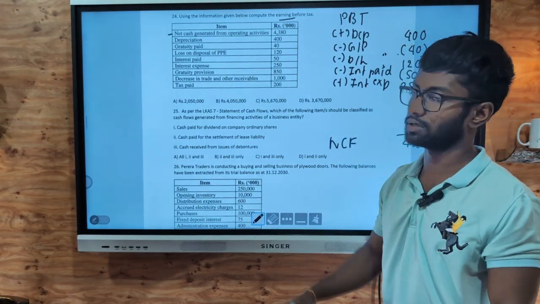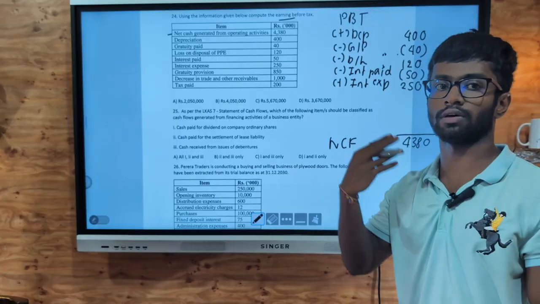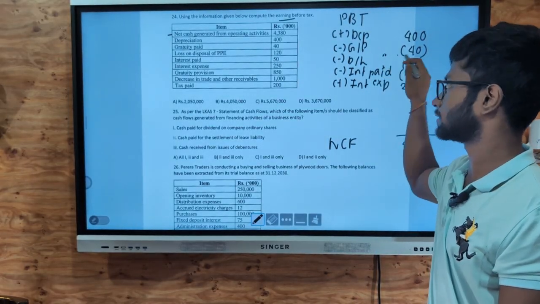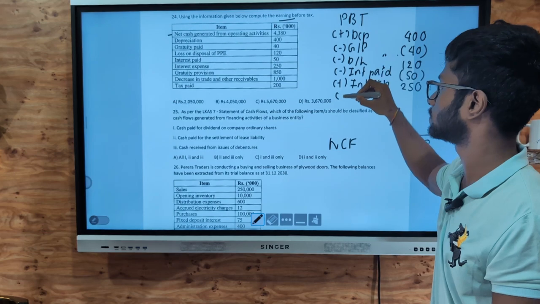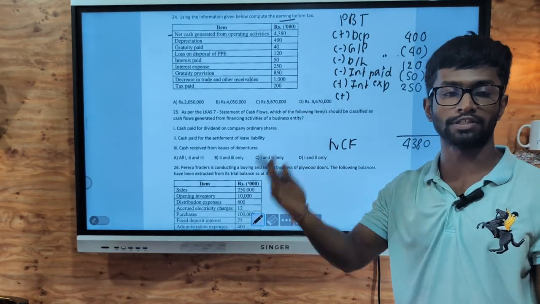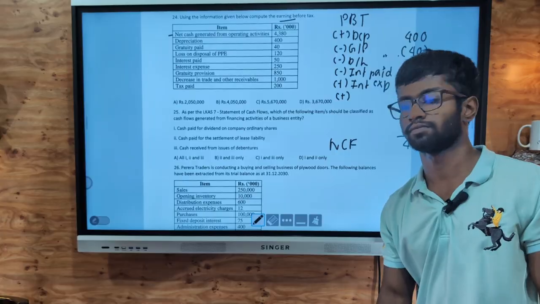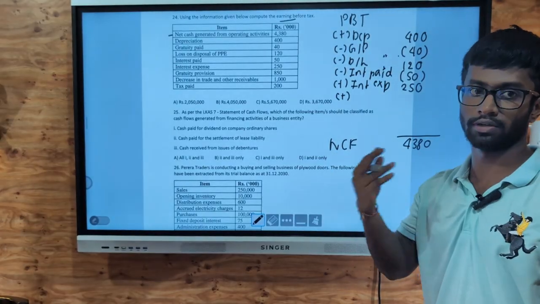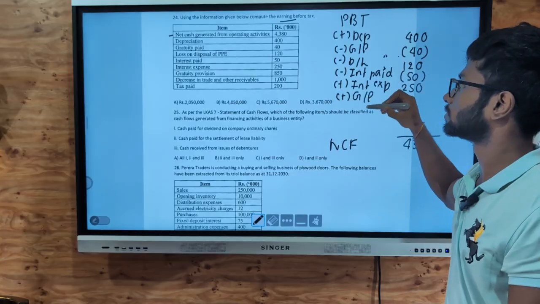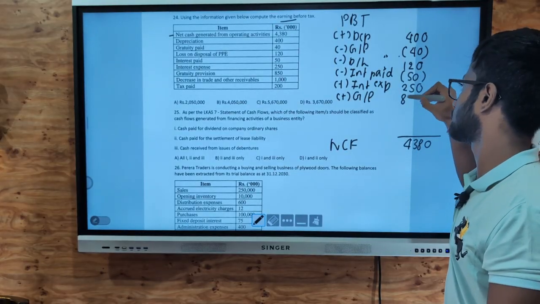And gratuity provision, how much provision that we did. What we actually record is the paid amount, and that should be deducted. So gratuity provision should be added back because when you calculated the profit, that was deducted. But what you actually deduct is the paid amount. So gratuity provision, we have 850.